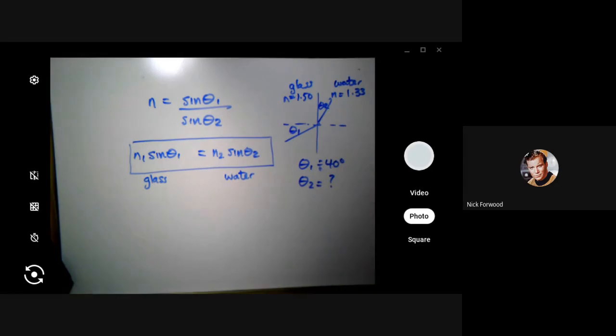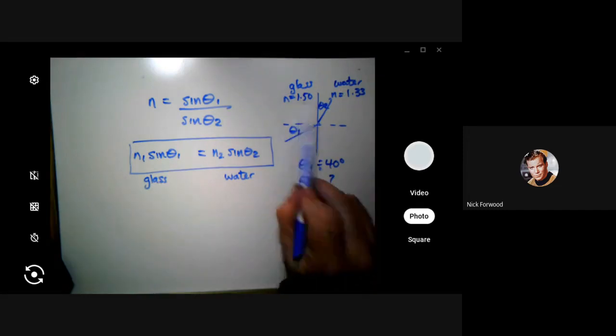So we know three of the variables in this formula. The only thing we don't know is sine theta 2. So I'm going to put in my values here. n1 goes with theta 1.